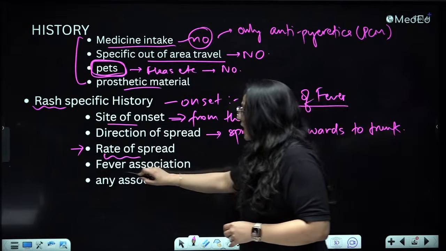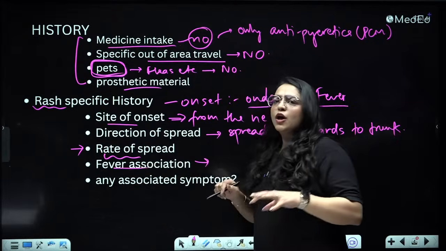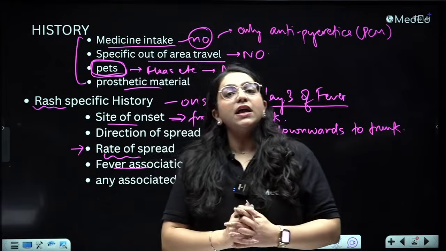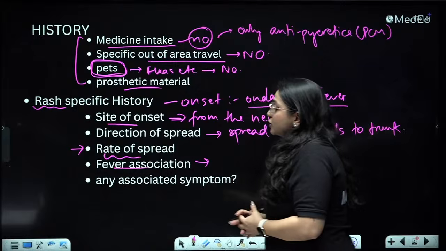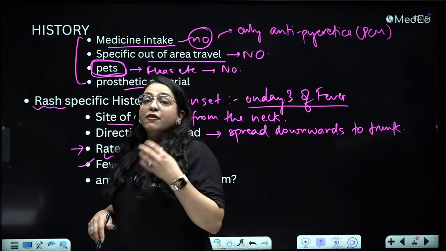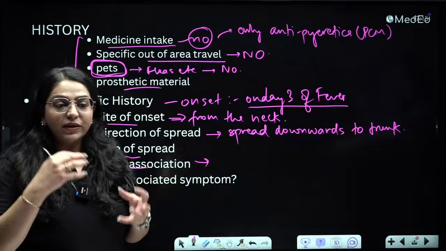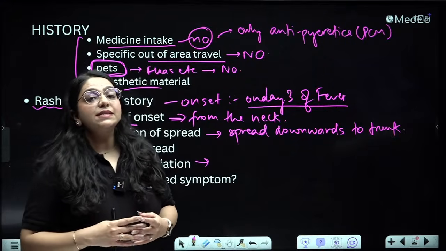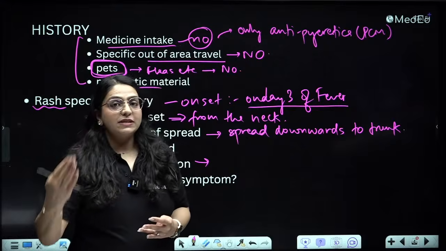Fever association, she says that there is not much fever association. The fever is still persistent despite the appearance of the rash. So for fever association, we ask whether fever subsided as soon as the rash started, because in many infectious diseases, when the rash appears, the fever subsides.